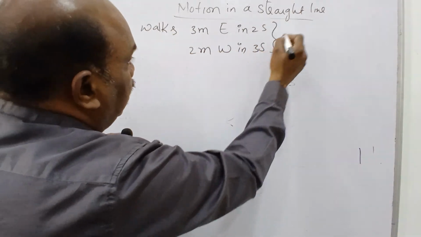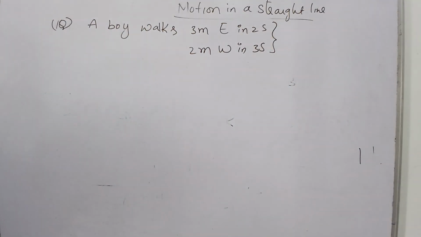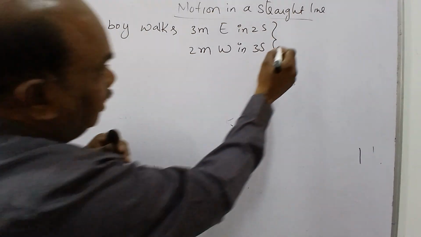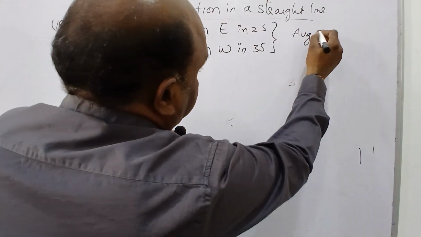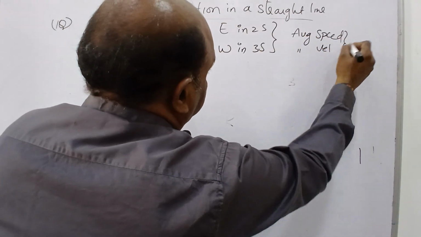This is the question. Find the average speed and average velocity. Average speed, average velocity you need to find, beta.